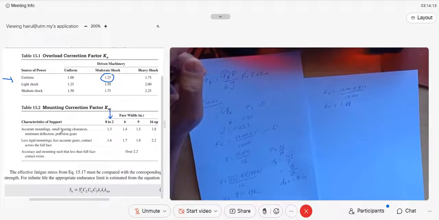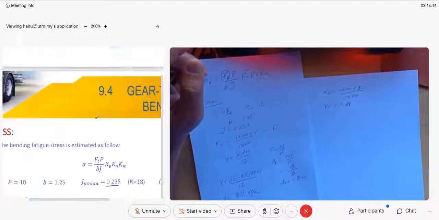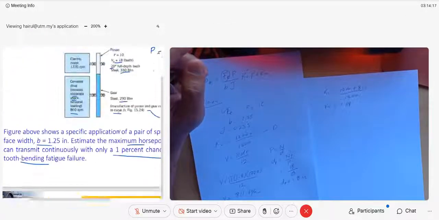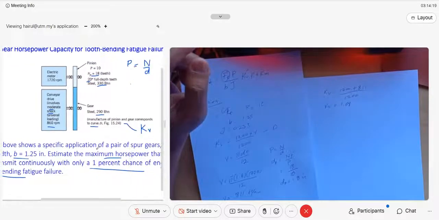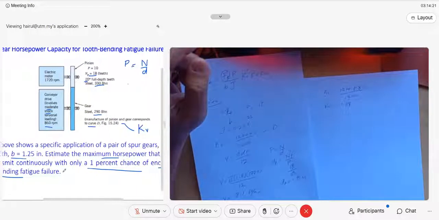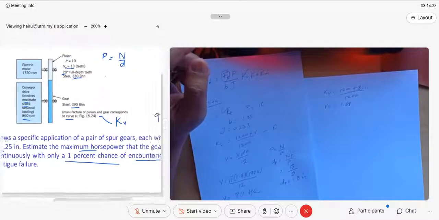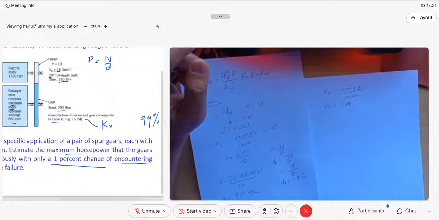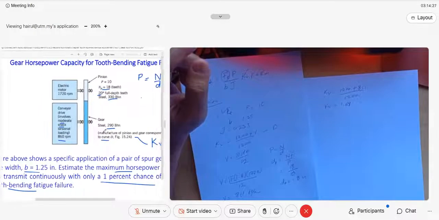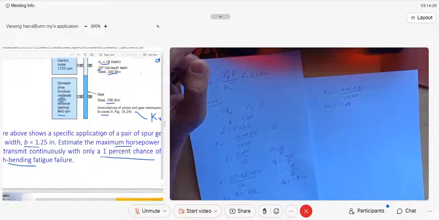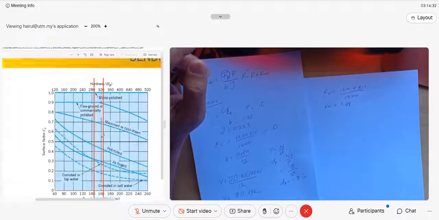Does the question state anything about the mounting? It says continuous power transmission, but it is not stated anything about the mounting.